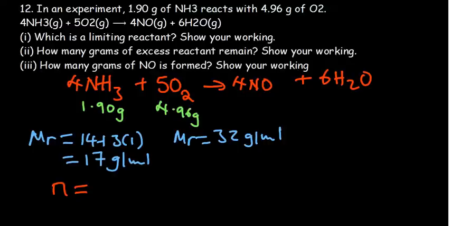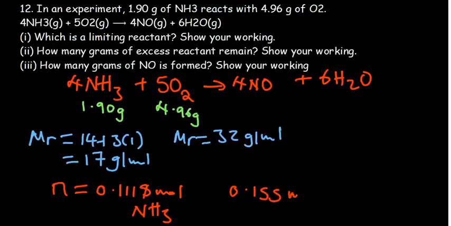So for ammonia, 1.9 divided by 17, that gives me 0.1118 moles of ammonia. For oxygen, 4.96 divided by 32, so 0.155 moles of oxygen.